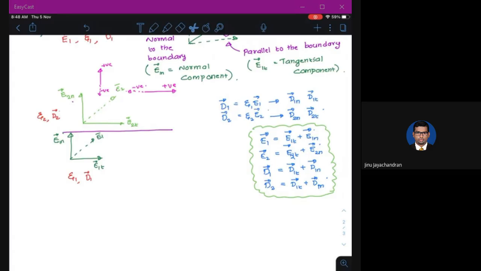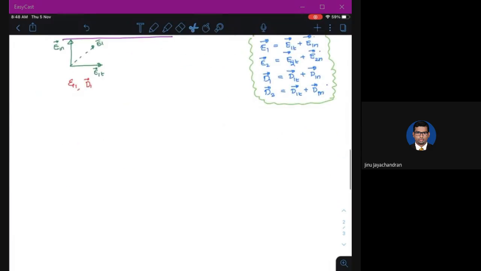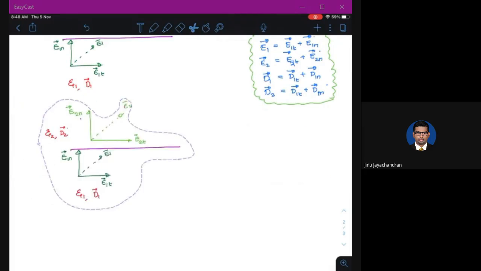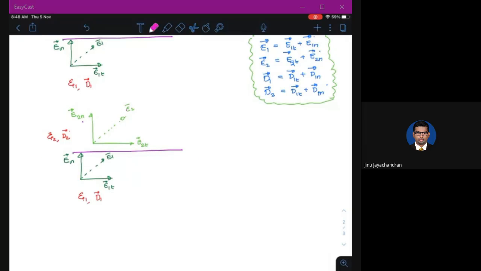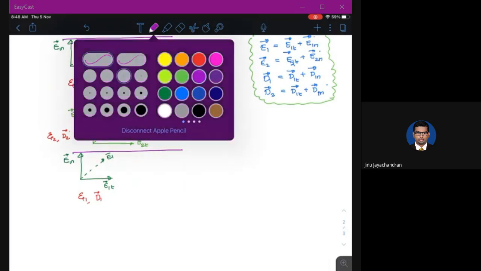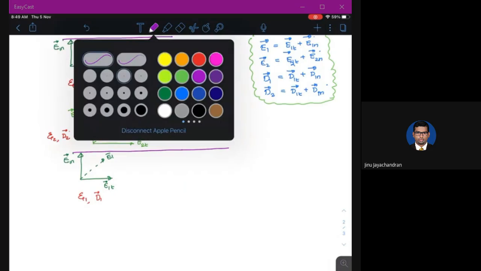So let me copy this. Okay. So now, basically, we want to find out what is the relation between E1 and E2.